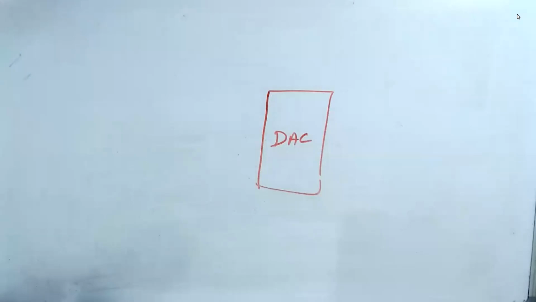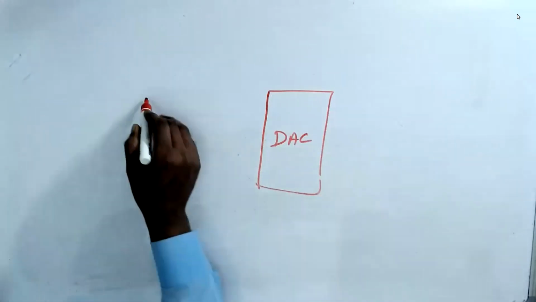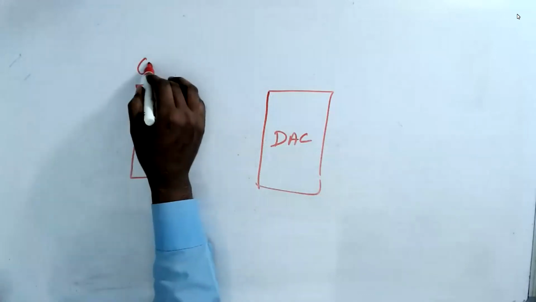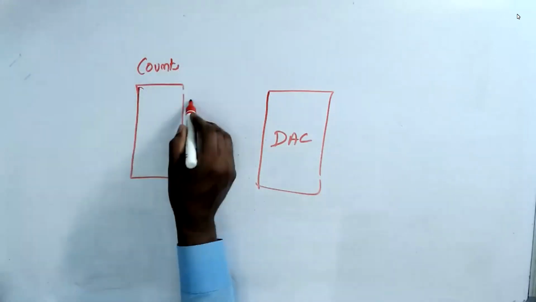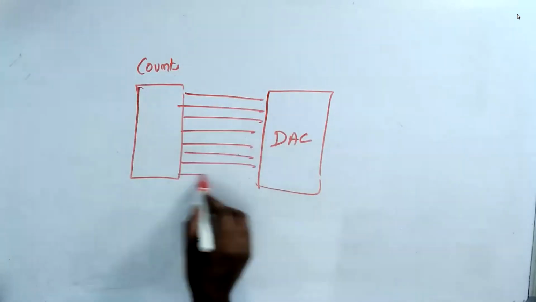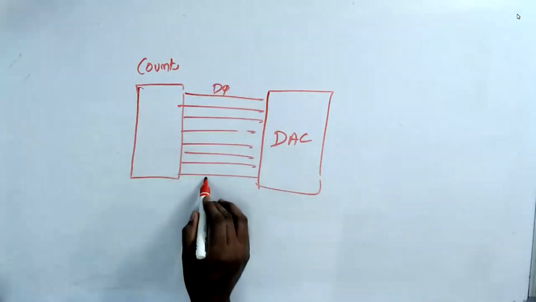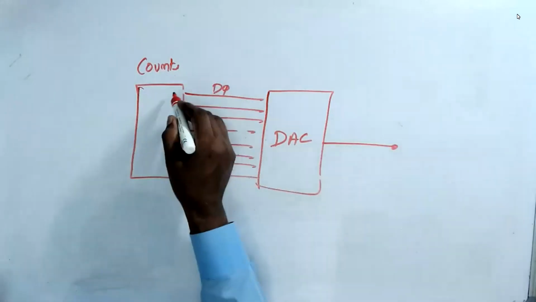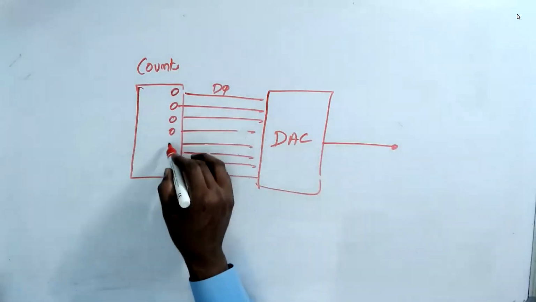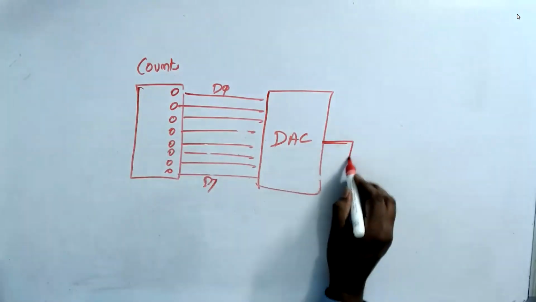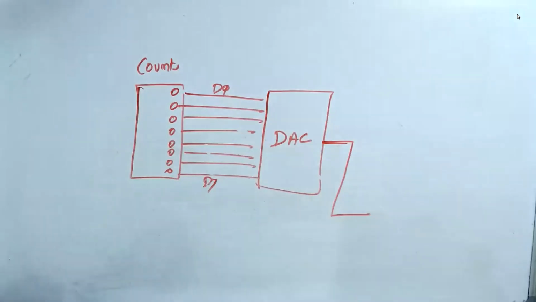Now, I have a counter. The counter has 8 bits, D0 to D7 come out. Let's assume the counter starts with 0, 0, 0. And this DAC has a signal out. Understand?